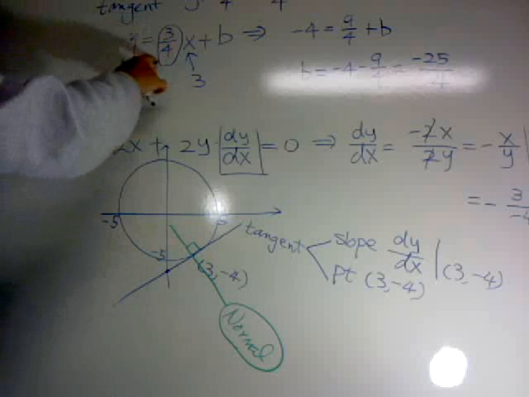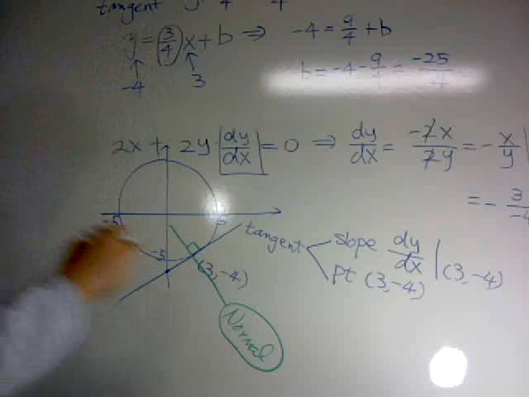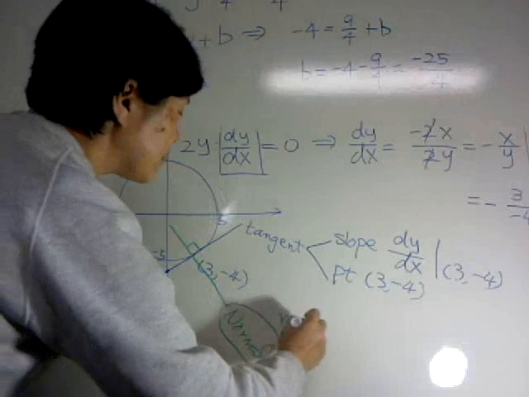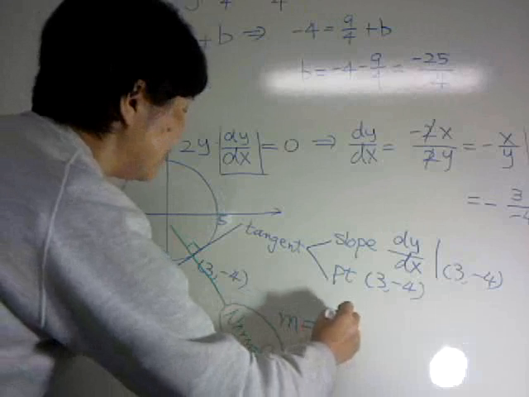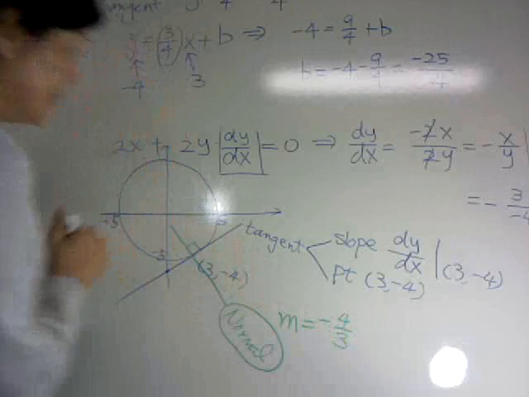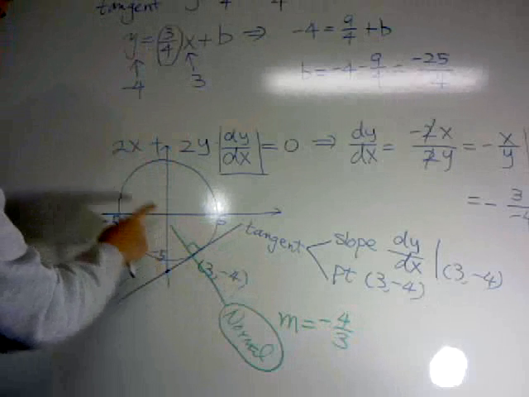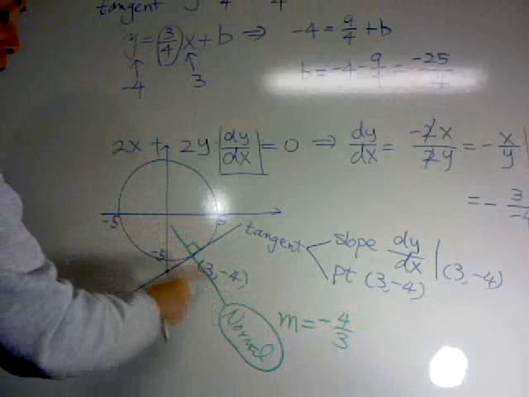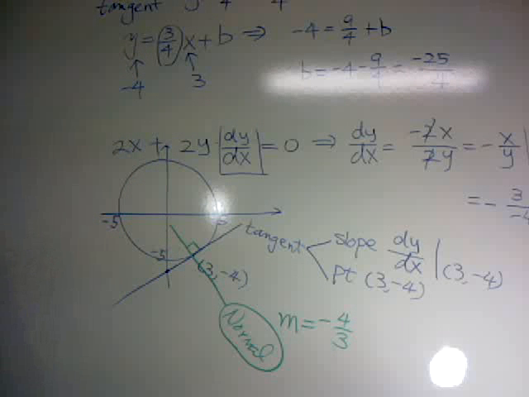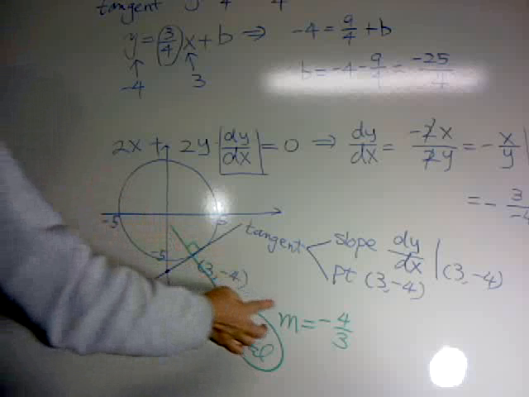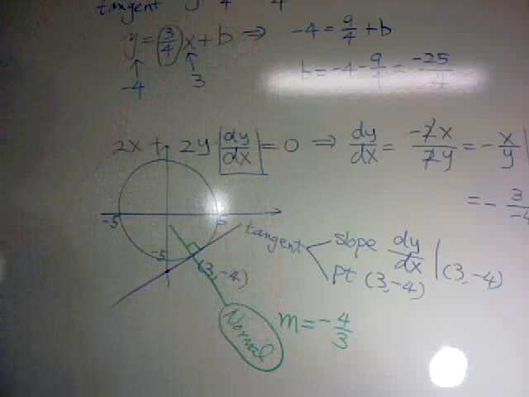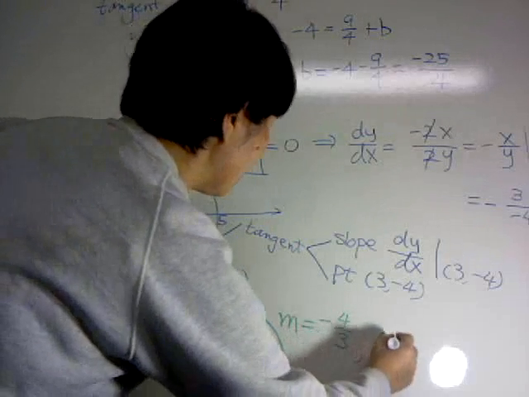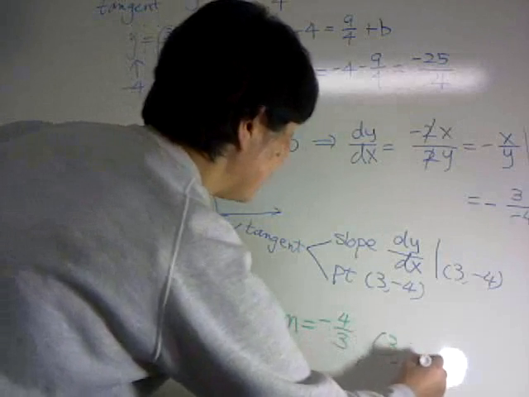The regular reciprocal is 4/3, so this slope is going to be negative 4/3. And you see, the line is falling, therefore the slope must be negative. Negative 4/3, again the opposite reciprocal of this, and the same point (3, -4).